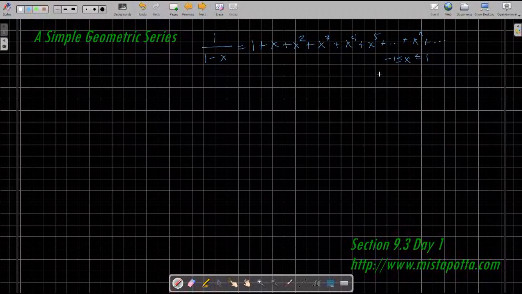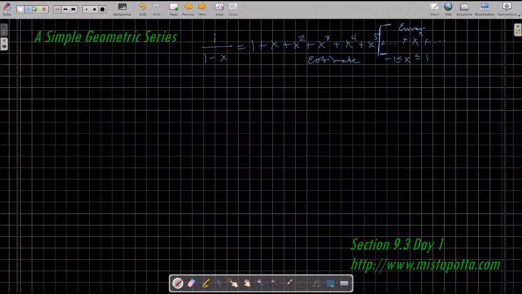But what I want to do is ask, what if I was to just stop at the fifth term? In other words, if I was to stop here and use this as my estimate, that means that all of this from this point on would be my error.